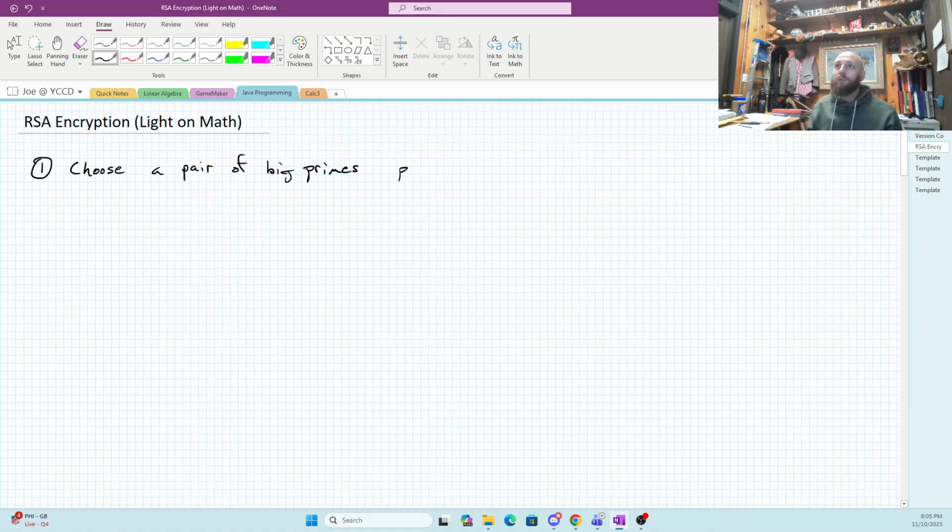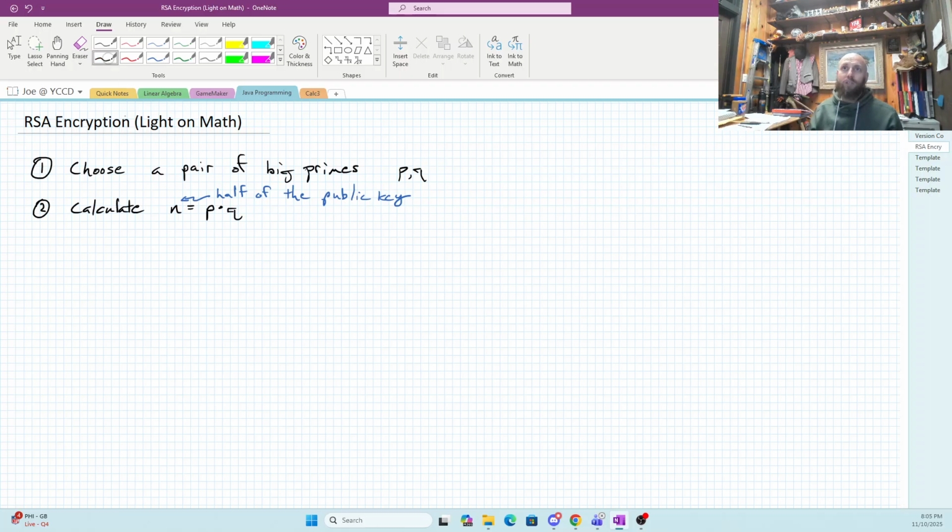I'm going to call those primes P and Q. Step two, we're going to calculate N, which is the product, so that's P times Q. Then N is going to be half of the public key. Our public key is going to be two numbers. The first number is going to be N, the other one we'll get to in a second.